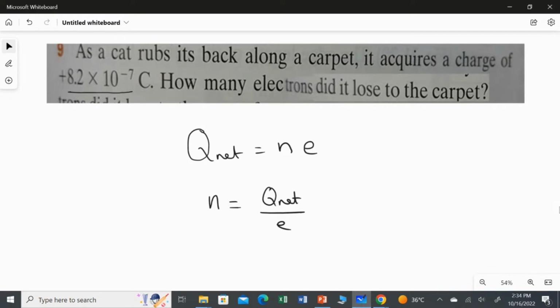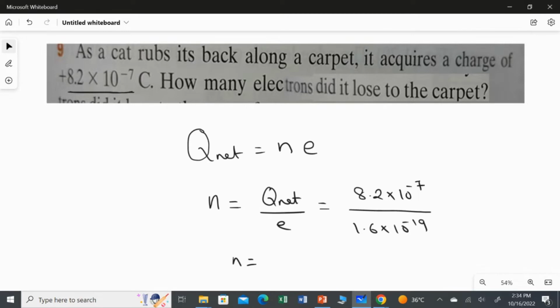And here the net charge is 8.2 multiplied by 10 to the power of minus 7. So I'm going to substitute the value here: 8.2 multiplied by 10 to the power of minus 7 divided by the elementary charge value, 1.6 multiplied by 10 to the power of minus 19. All the constant values will be given in your paper.